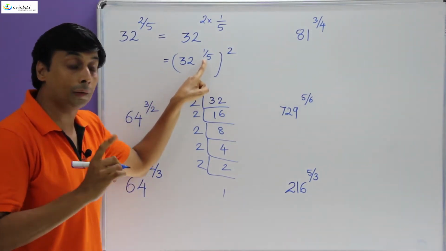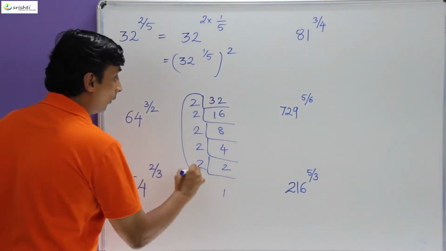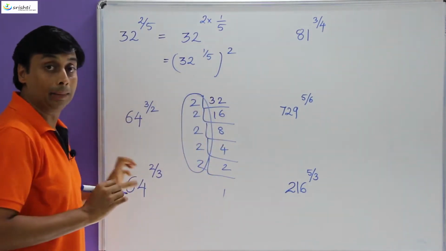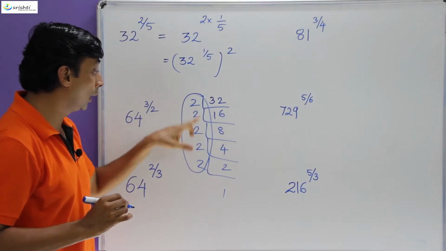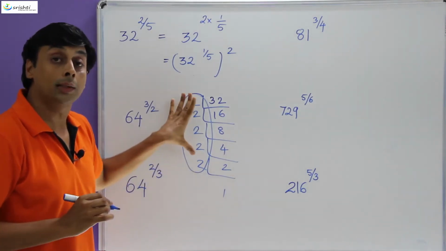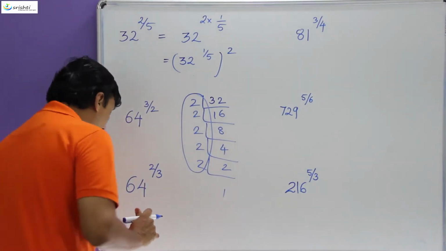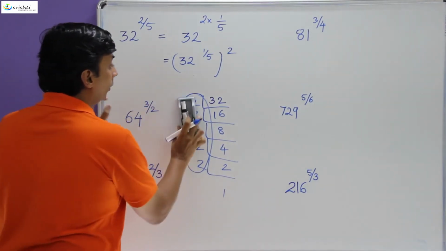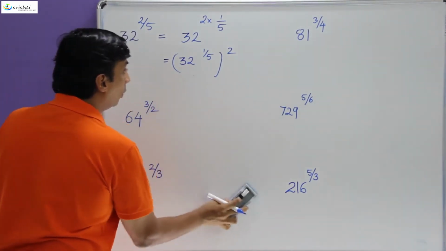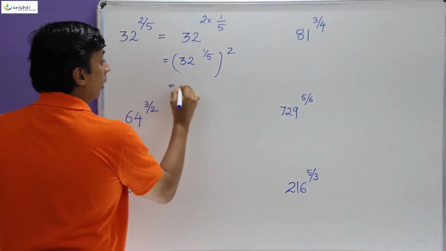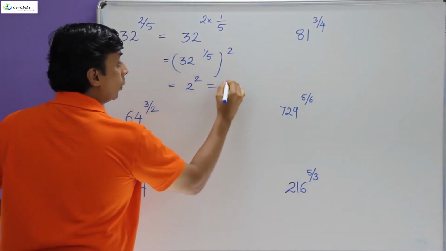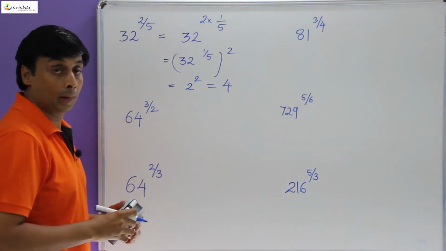So when you find the fifth root, make groups of 5 numbers at a particular time. So the fifth root of 32 is going to be the number 2. This group of 5 2's is counted as a single 2. So now that you get the fifth root of 32 as 2, we write this as 2 square, and 2 square is going to be 4.